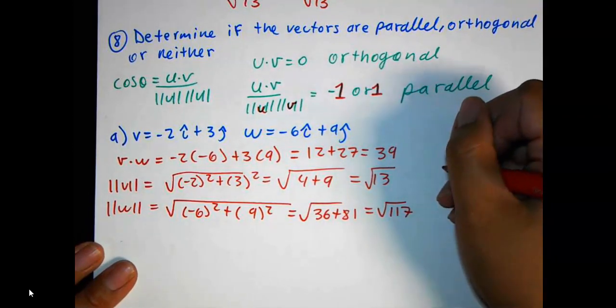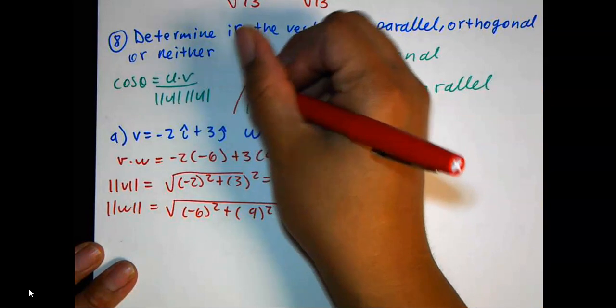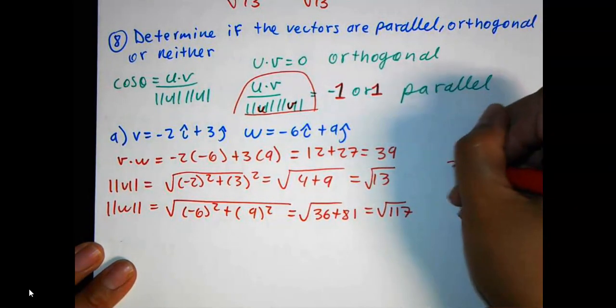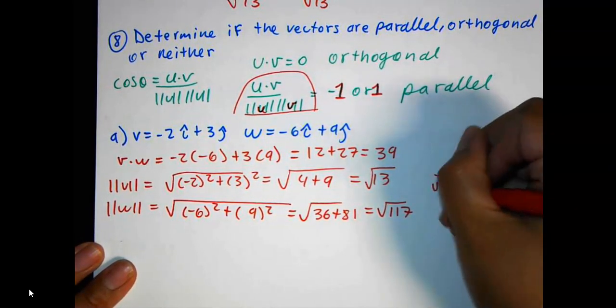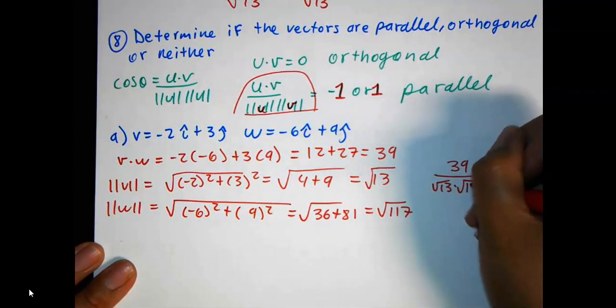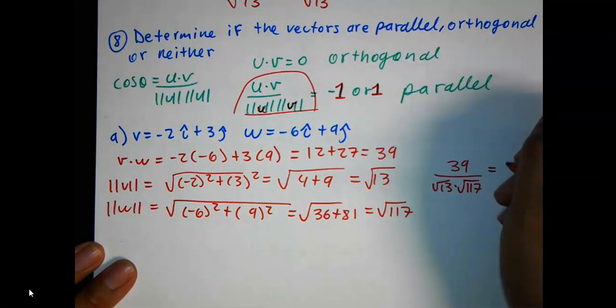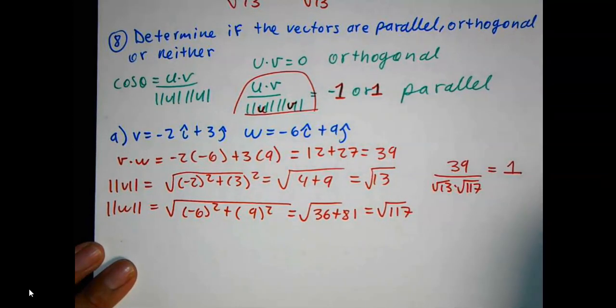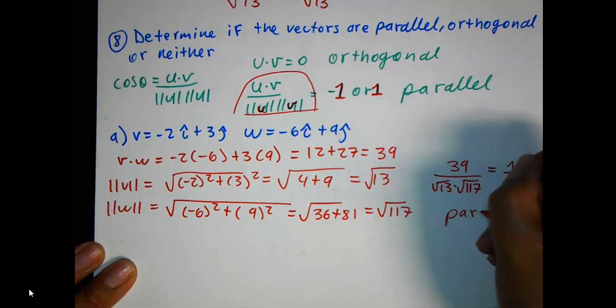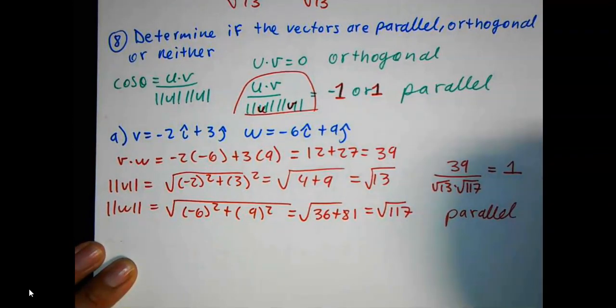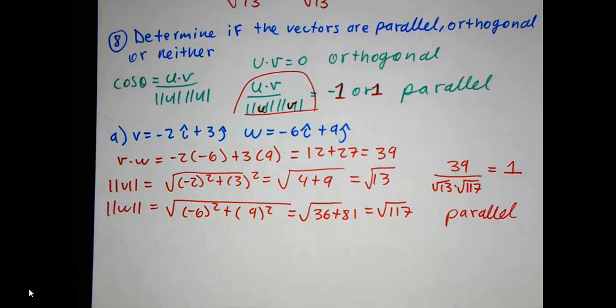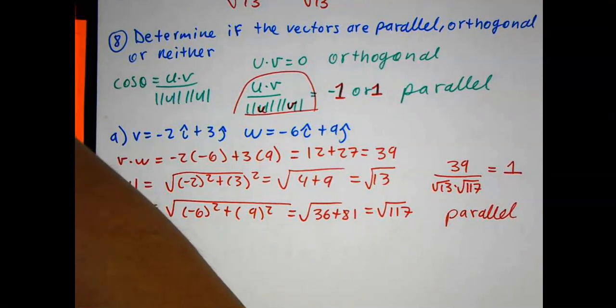So now I'm going to do this formula right here, which will be 39 over the square root of 13 times the square root of 117. If you put that in the calculator, it's going to give me positive 1. So my two vectors are parallel.